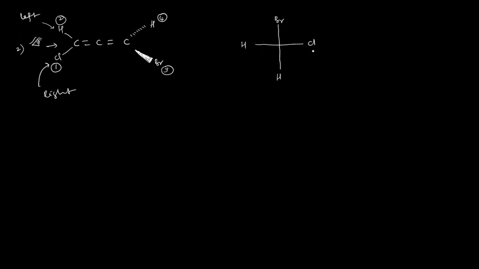Now it is 1, 2, 3, 4. Forget about this. Look at the other three groups, priority order moving 1, 2, 3. Now it is clockwise. Clockwise means it has configuration R. That's all, simple.